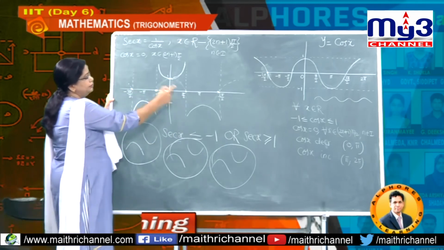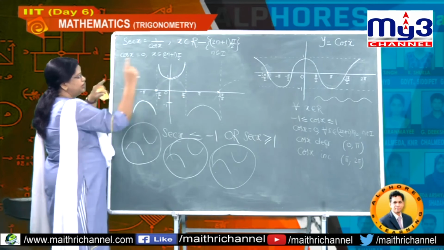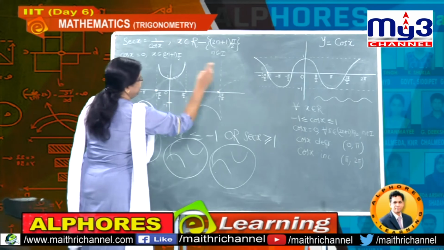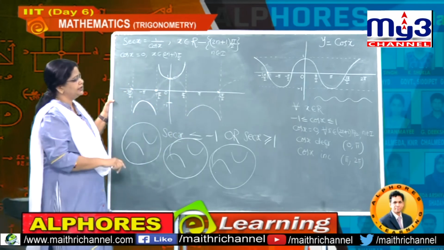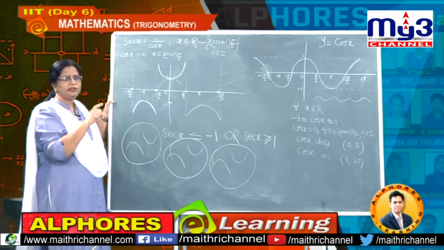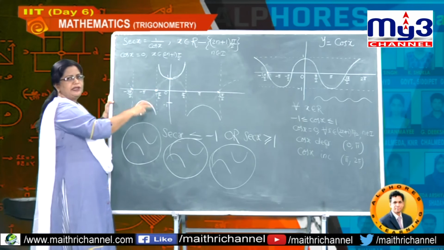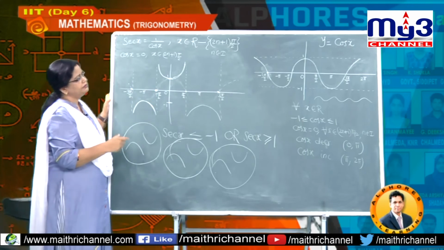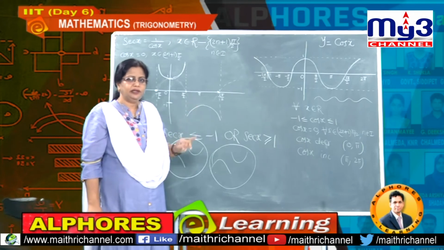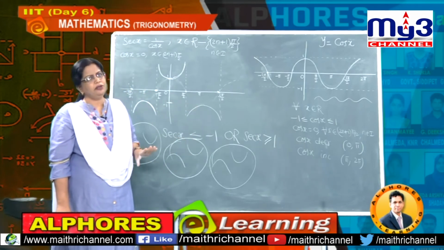From -3 pi by 2 to pi by 2, if you take the difference, it is nothing but 2 pi. Again pi by 2 to 5 pi by 2, the difference is again 2 pi. So in every gap of 2 pi, it takes the same shape. Hence we observed for sin x, cos x, secant x, cosecant x, the period is nothing but 2 pi.